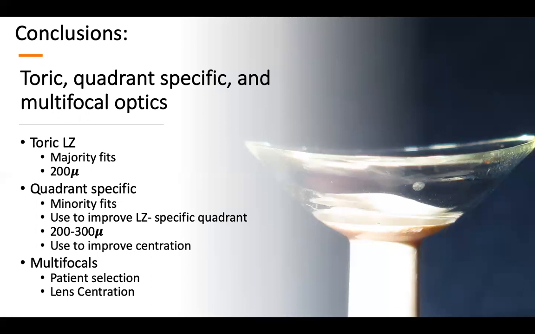So we have another question. So he's saying, what is the best way to measure microns that you should either flatten or steepen at the edge of the lens? At the edge of the lens, yeah. Well, that's a great question. And the best way to answer that is, number one, with your diagnostic set, as I mentioned, you have lenses in there with known toric values, or in the case of quadrant specific, known quadrant specific changes.